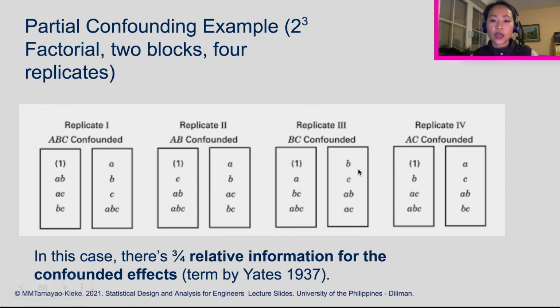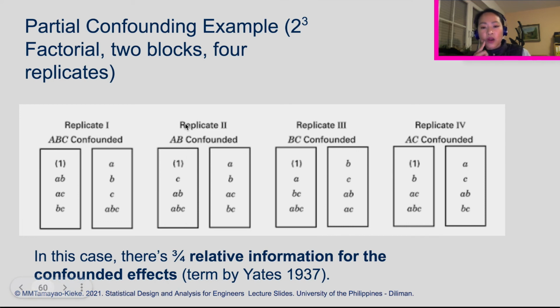As you can see illustrated in this figure, we have a different effect confounded in each replicate. Now, in this case, there's what we call relative information for the confounded effects. Since we have 4 replicates, we have 3/4 relative information for the confounded effects.